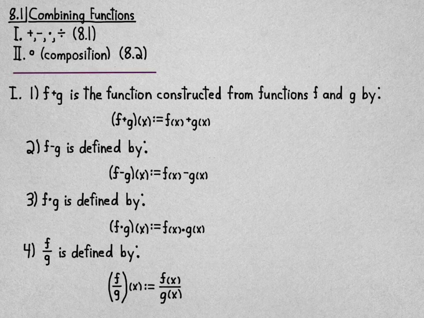Suppose f of x is x minus 1 and g of x is x plus 2. Then f over g of x will be x plus 1. Wait, did I say plus? Let's just pretend I said x plus 1 over x plus 2. Forget my example. Okay, so of course on the next page I'll have some examples and we'll talk about domains.